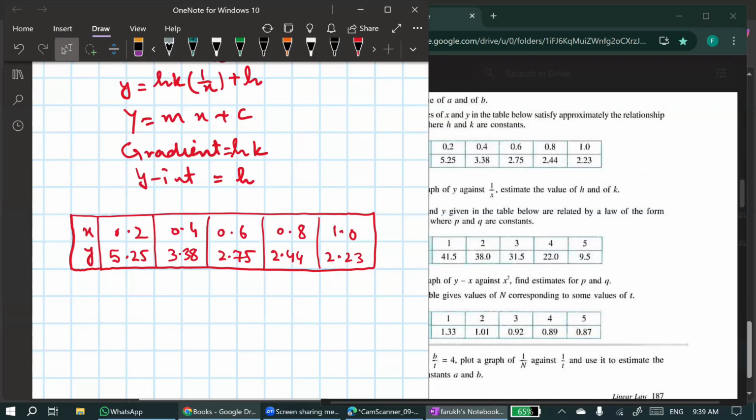And what should be the column for which the values are required? We have, Sir, 1 over x. Very good.